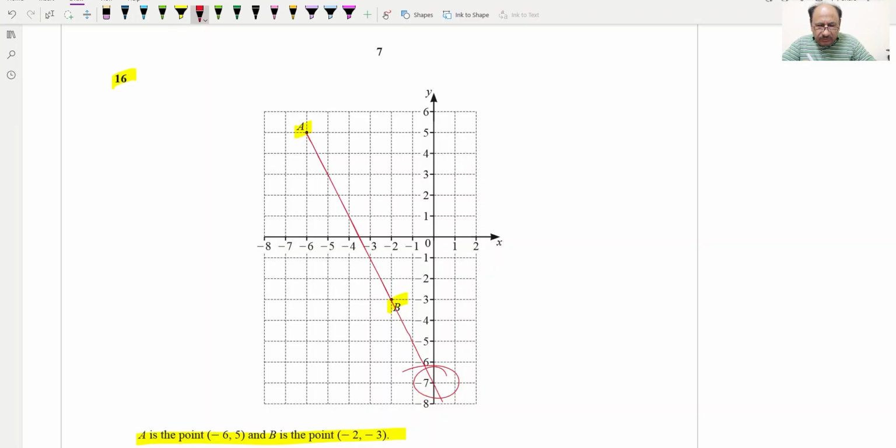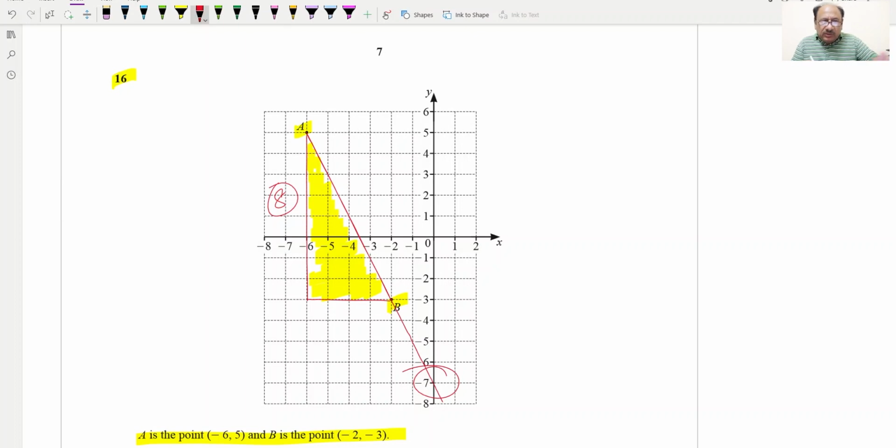To find the gradient, we will draw the triangle, and this will be the triangle we consider for the gradient. We can see this is 1 2 3 4 5 6 7 8, so 8 units rise, and the run is 1 2 3 4 units.